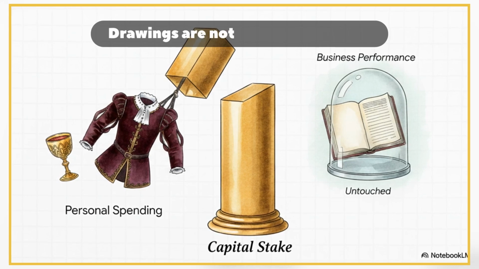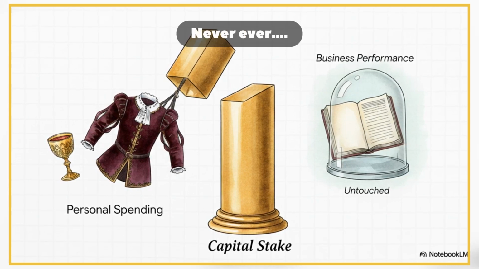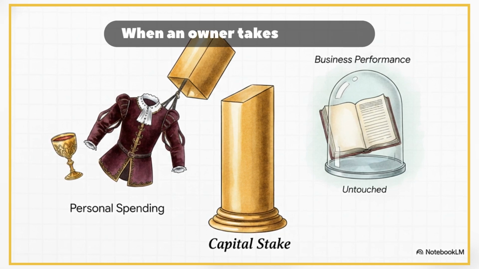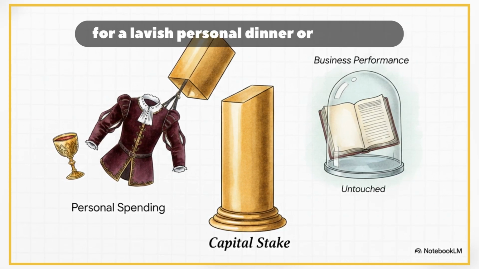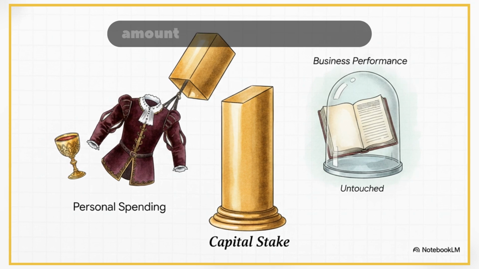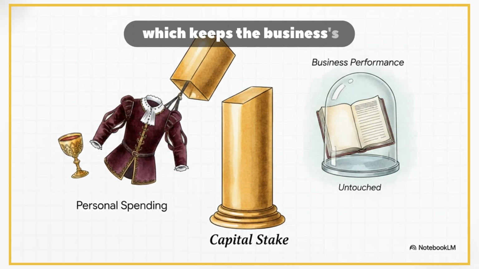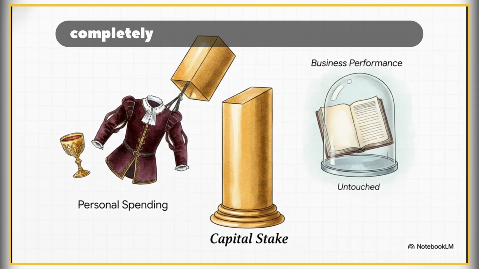Drawings are not business expenses. Never ever. They are a direct reduction of the owner's capital stake. When an owner takes money out for a lavish personal dinner or a new suit, they are simply reducing the amount the business owes them. They are drawing down their claim, which keeps the business's actual operational performance completely pure and untouched on the ledger.